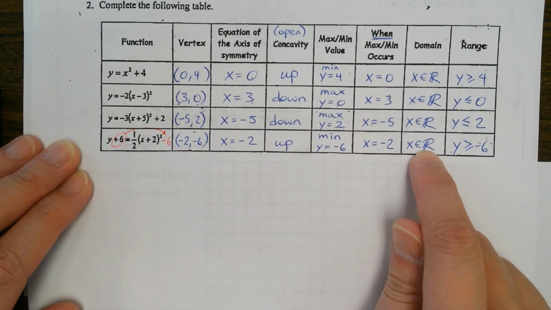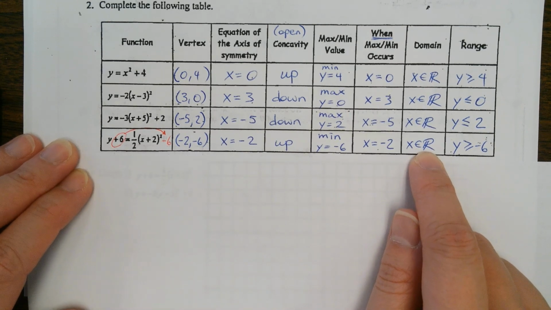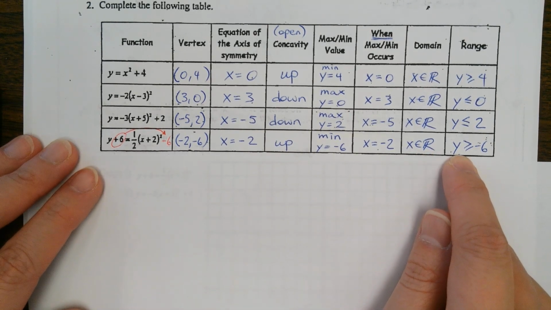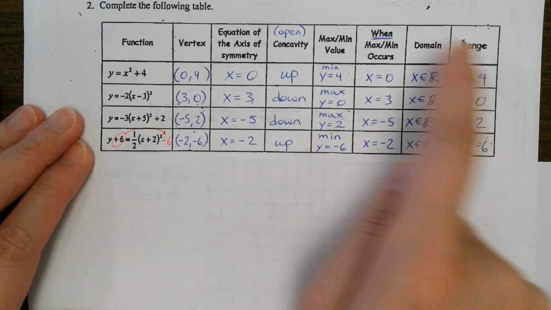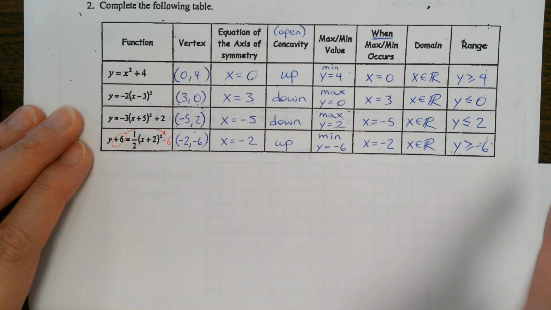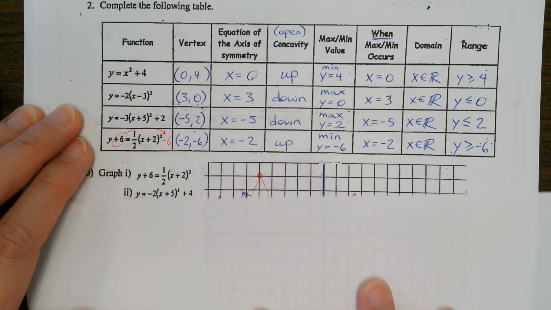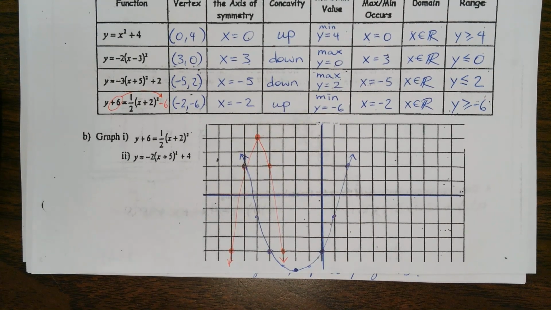All these parabolas go on forever, left and right. So it's x is an element of the real numbers, and your range is anything greater than or equal to -6. Okay, you should be really good with this because we did tons of these charts.